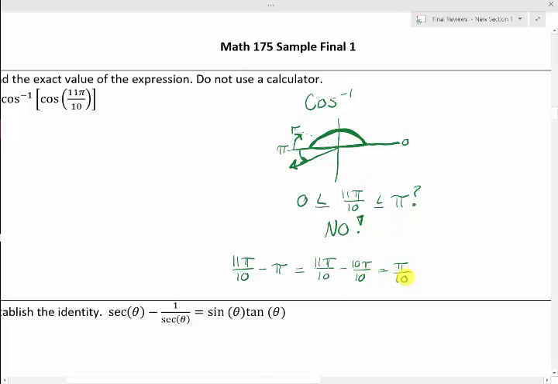So I know if I start at pi and move clockwise pi over 10, so take away pi over 10 from pi, I will get to an angle that'll be in the range of cosine inverse and will give me the same x value as cosine. So I'm going to take pi and subtract off that pi over 10. Which is 9 pi over 10.